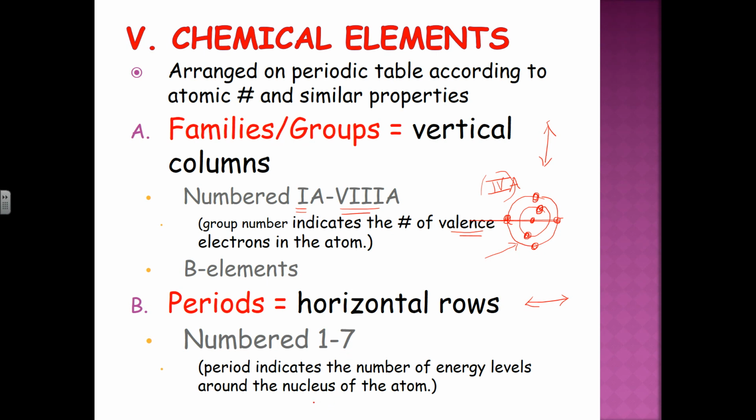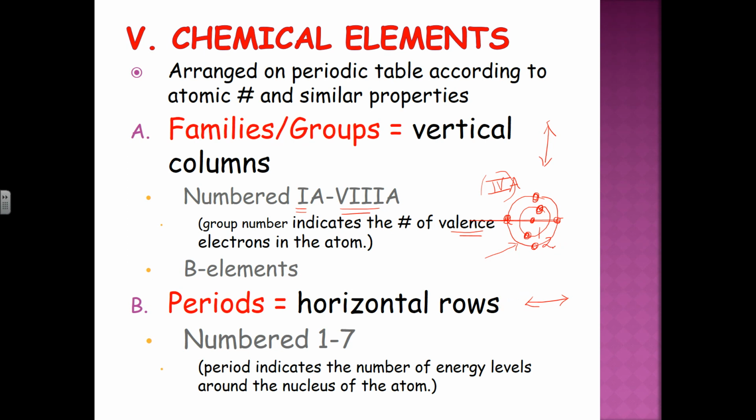The period numbers indicate the number of energy levels around the nucleus of the atom. So let's just look up here at the Bohr model that I drew just a few minutes ago. Notice that I drew an atom that has 2 energy levels around the nucleus.